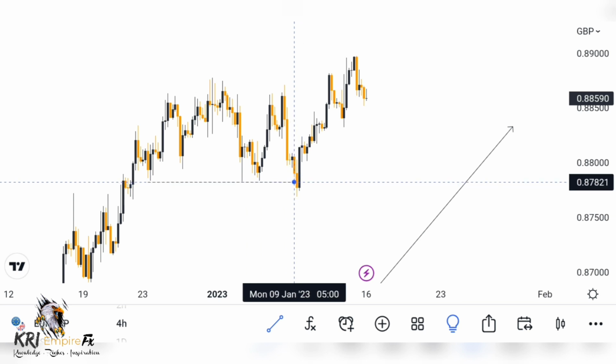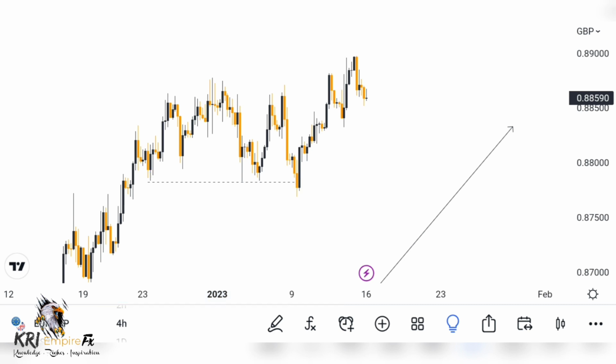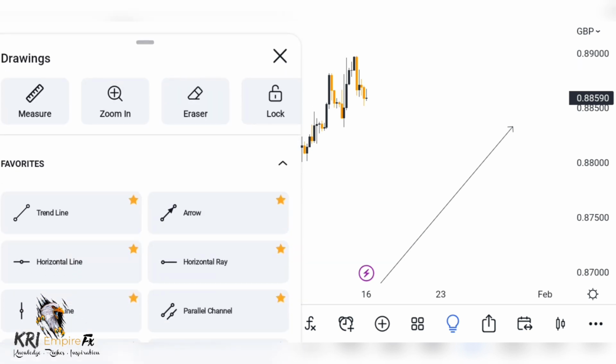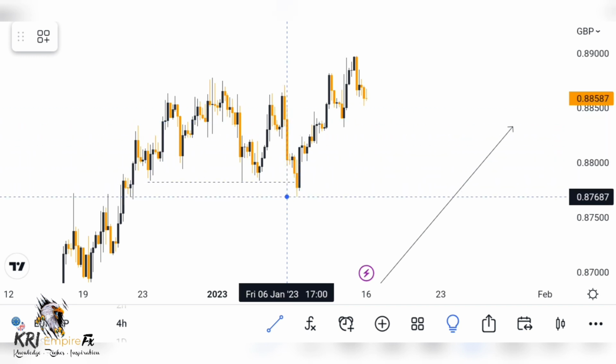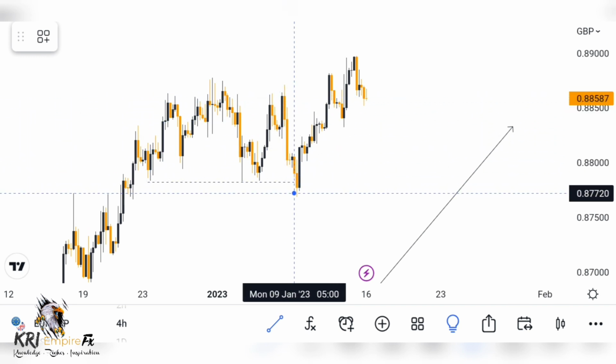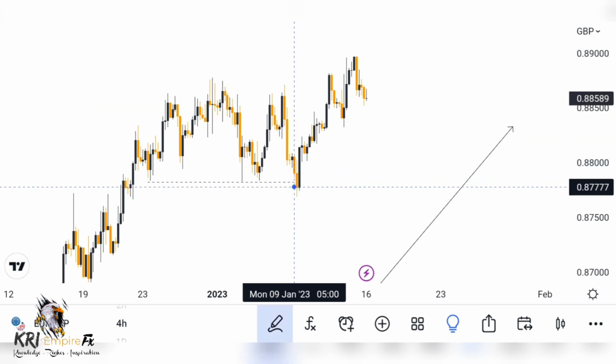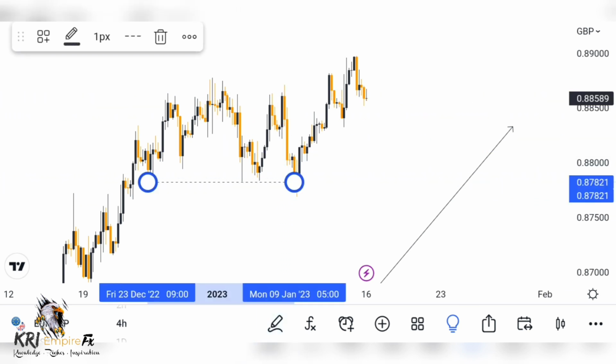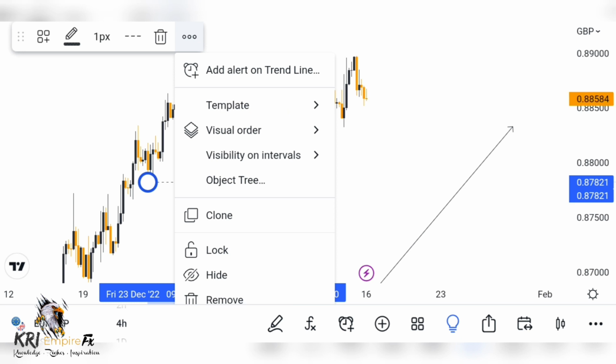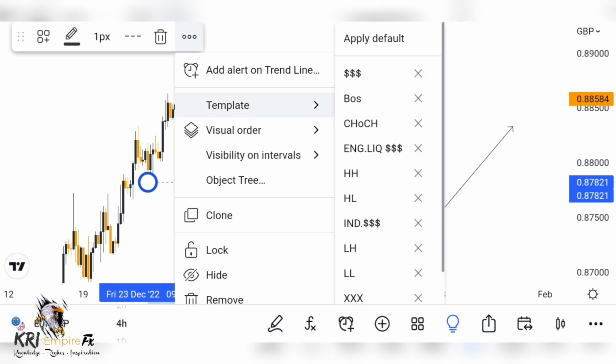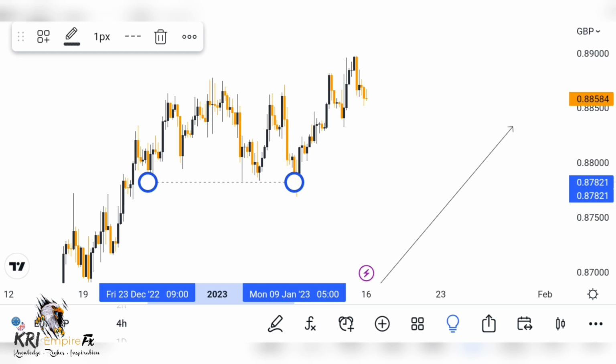All this liquidity was taken out by this movement right here. And so we can label this point as our liquidity that was taken out.